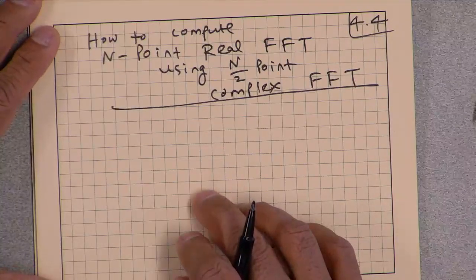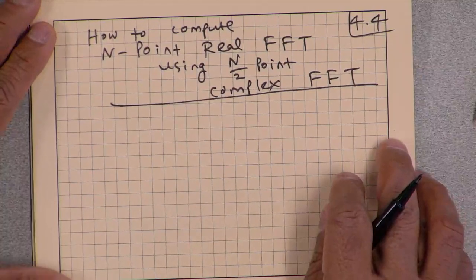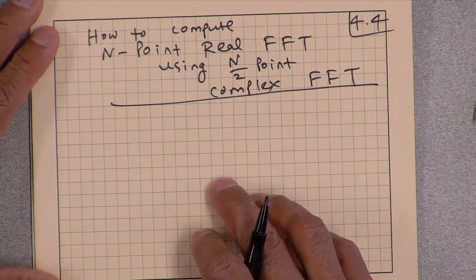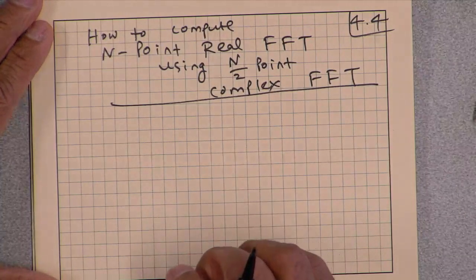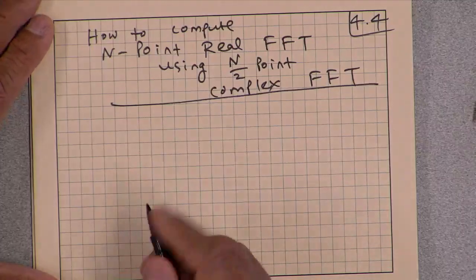If it is a real signal of length n, it computes the n by 2 point complex FFT, and then from that, it obtains the n-point FFT of the real signal. So what is the main idea?